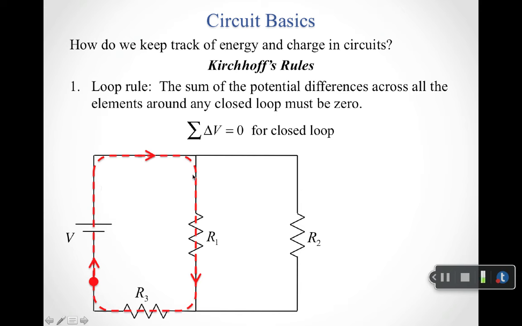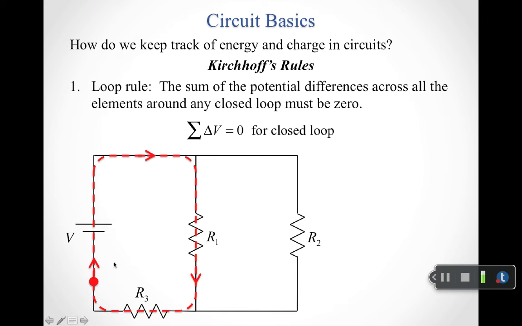Whatever that potential increase is, it basically has to be equal to the potential drop that we will experience across resistor 1 and then across resistor 3. So this will end up being an increase. These two will end up being drops, and we'll talk in class about how to figure out whether you're looking at an increase or a decrease of potential.